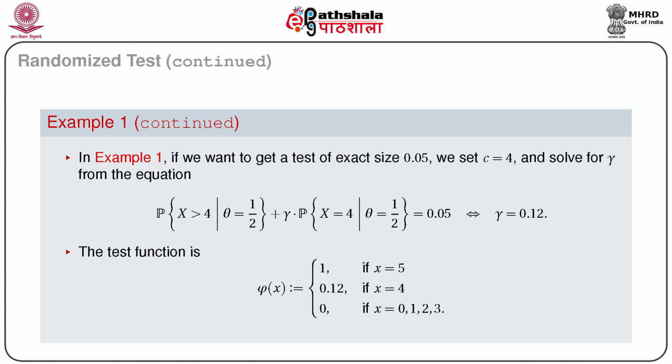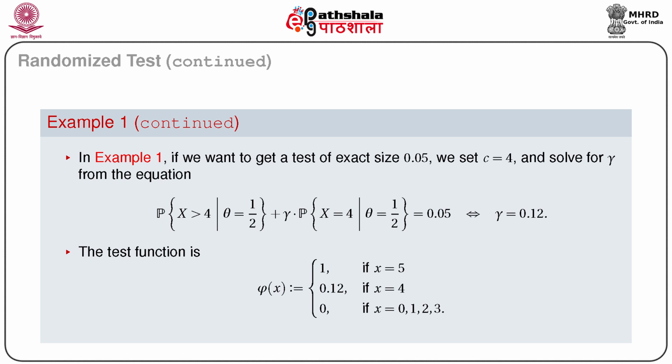But if the number of successes is equal to 4, we perform a random experiment with probability of success 0.12. That is, we select a random number from the interval 0 to 1, and if the selected number is less than 0.12, we reject H0, otherwise we accept H0.